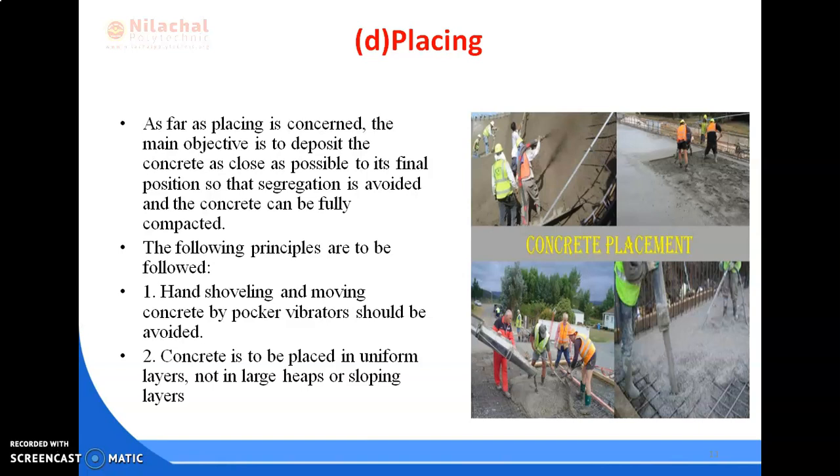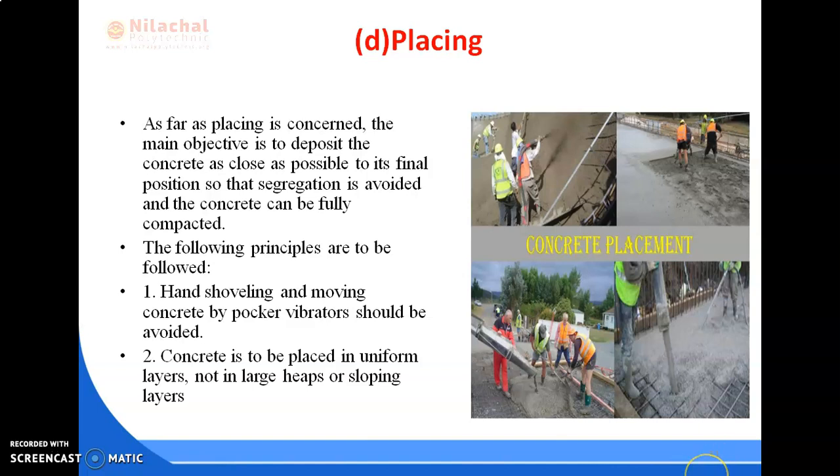Hand shoveling and moving concrete by poker vibrators should be avoided. Concrete is to be placed in uniform layers, not in large heaps or sloping layers. We have to take care of it, and also the rate of placing and compacting should be equal.